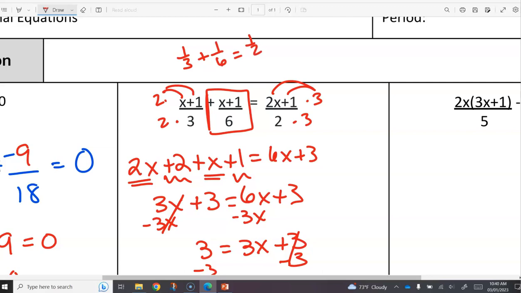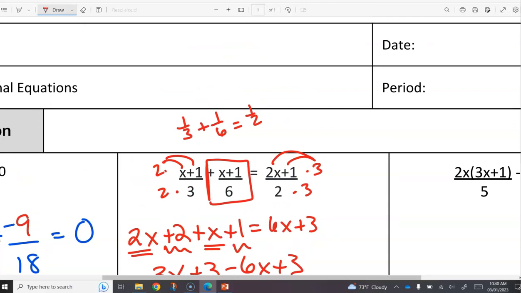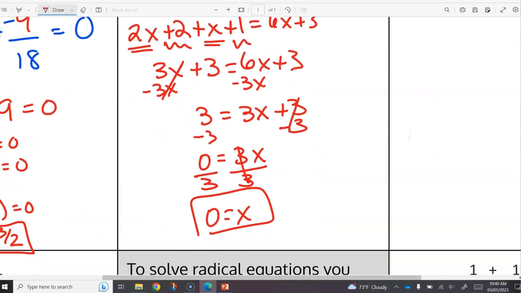This equals 1/2. Okay, and that is a true statement. This is the same thing as what? 2/6, which gives me 3/6, which is 1/2. So you should always be able to plug your answer back in and make sure that it does work and become a true statement. Okay, so we're trying to find the x value that makes it true.